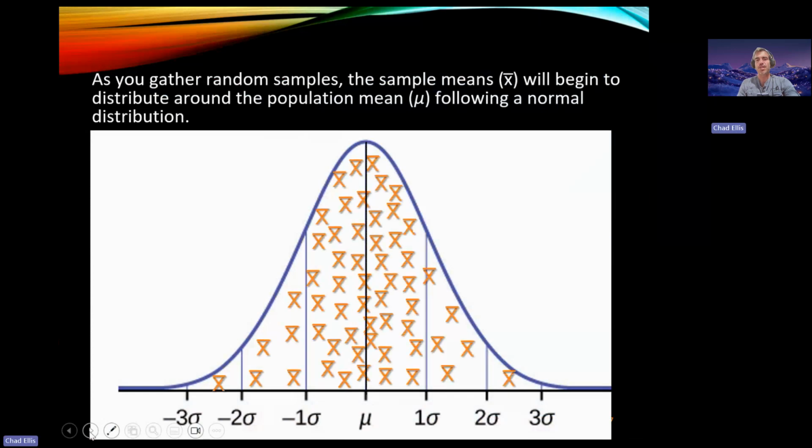The central limit theorem says if I take a whole bunch of samples, their means X bars will start to approximate a normal distribution, with more of the values centered around the population mean, and more of the extreme values for the samples being further and further away, hence being less probable than the values towards the middle of the distribution.